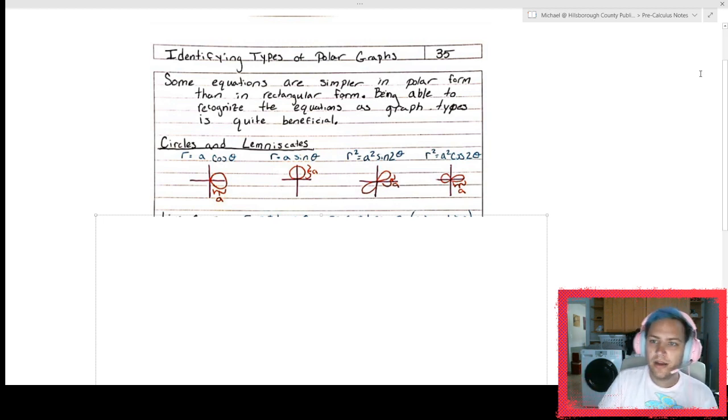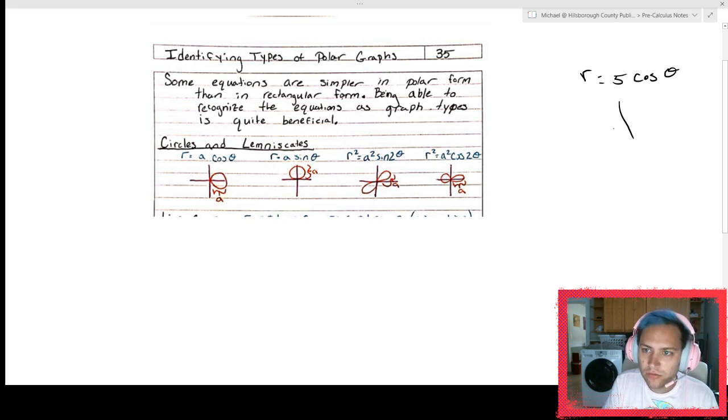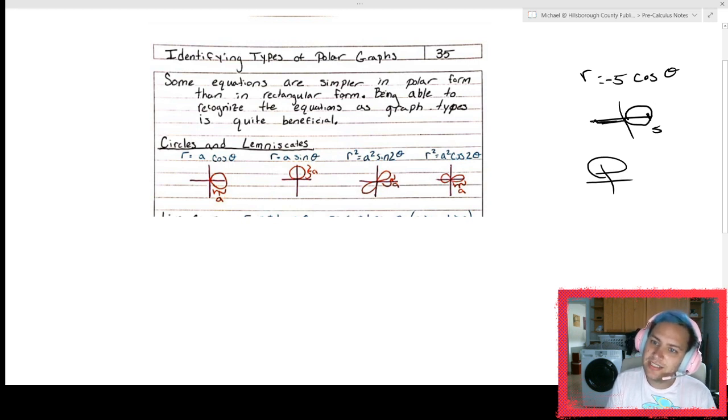So if you had r is equal to 5 cosine of theta, we know that we're going to get a circle that goes out to 5 right there. Similarly, sine would be a circle that goes up. If this number is negative, it causes it to be on this side. And if it was a sine, it would cause the negative to go down on that side.